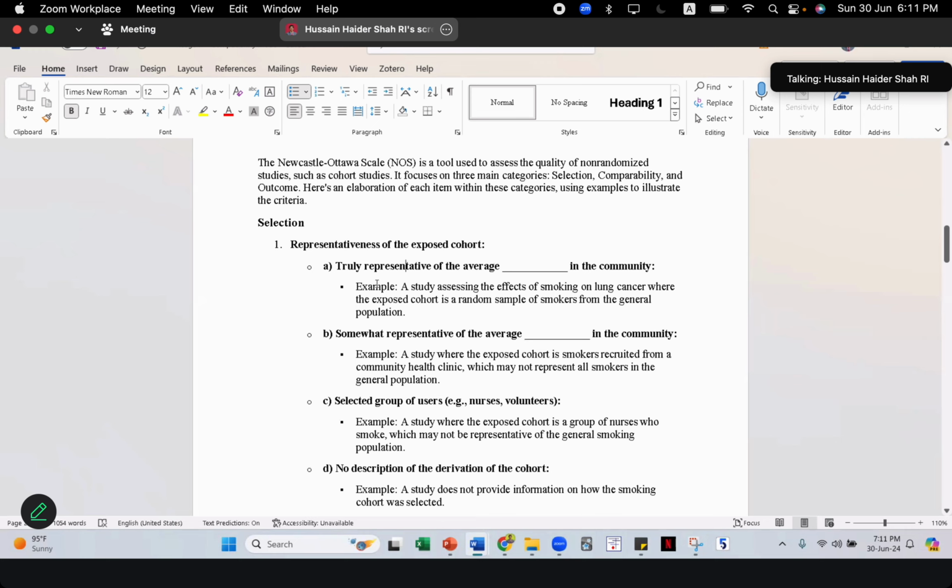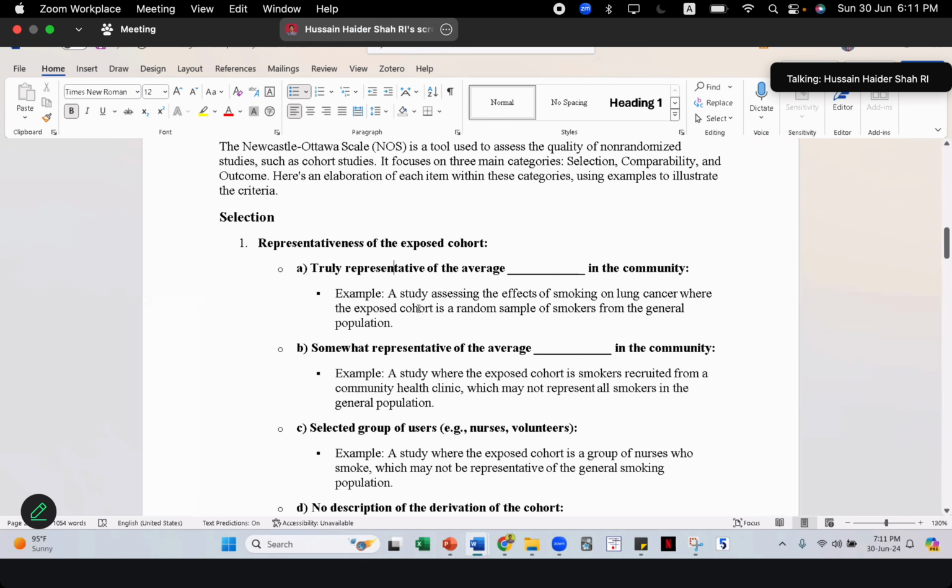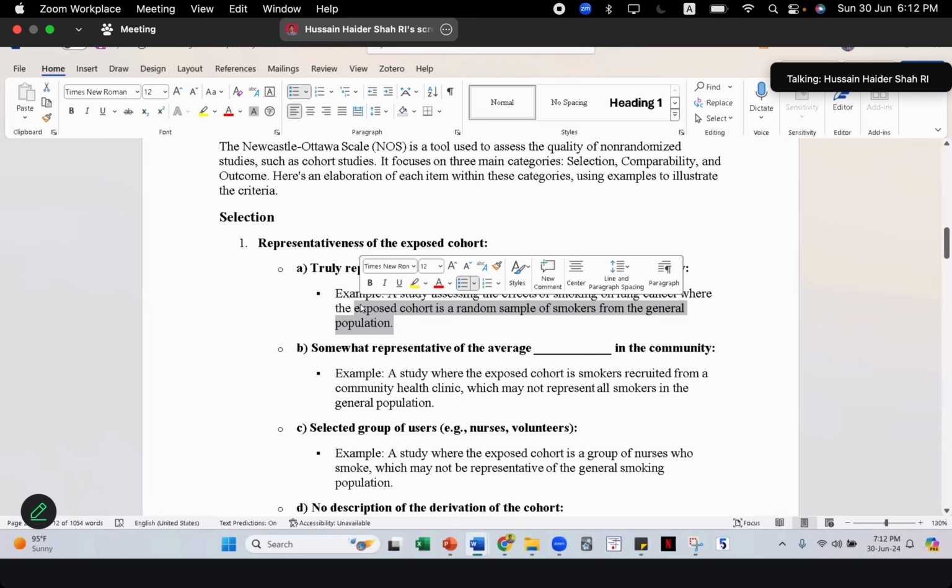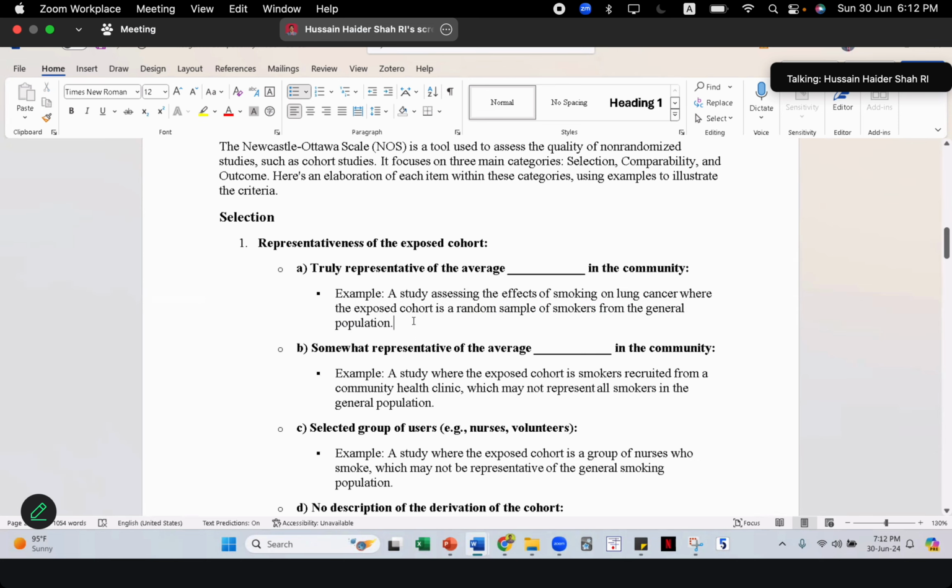Now, how do we understand this? Consider this example. A study assessing the effects of smoking on lung cancer, where the exposed cohort is a random sample of smokers from a general population. We are doing a cohort study, and in it we are assessing the effects of smoking on lung cancer.